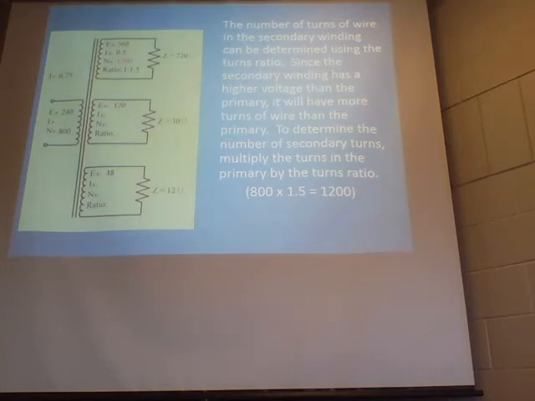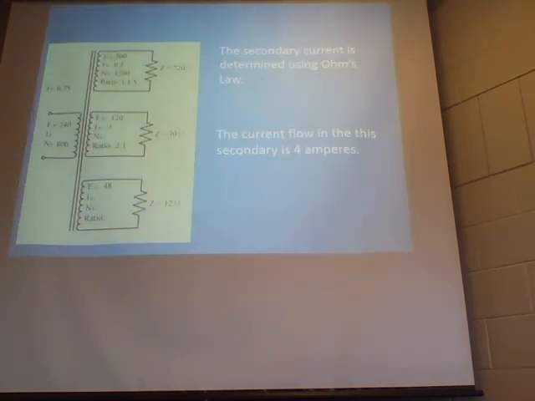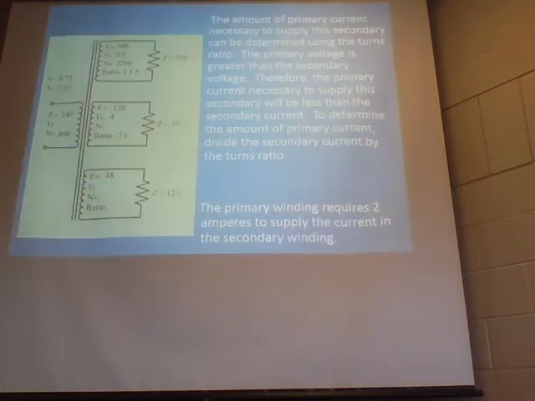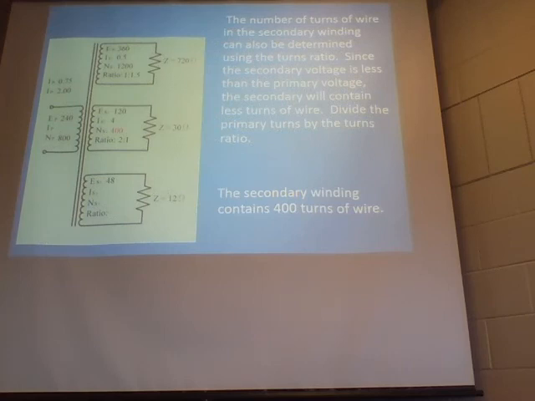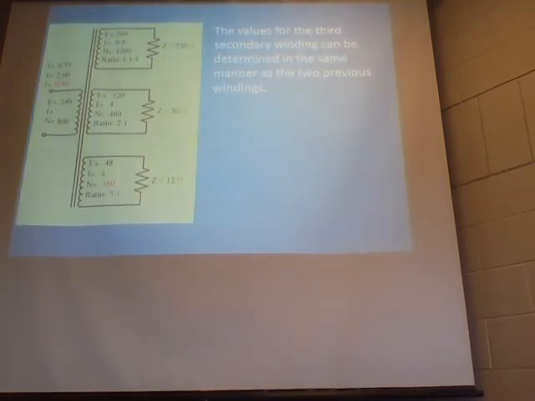This will be on Blackboard too, if you want to go through all the calculations. You end up doing calculations for each one separately with the primary. The primary current for this part of it is 2 amps. And then a primary current for the third part is 0.8 amps.